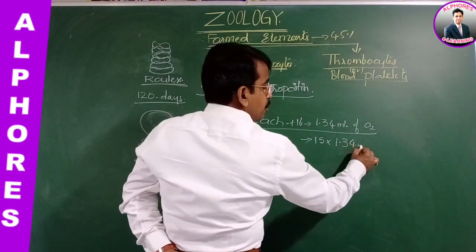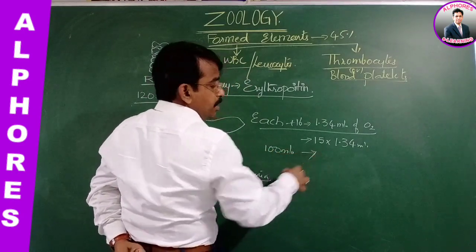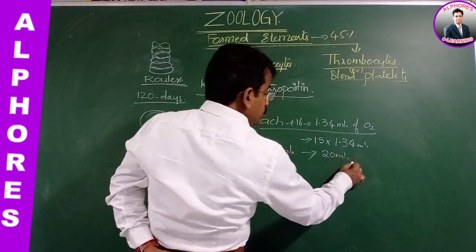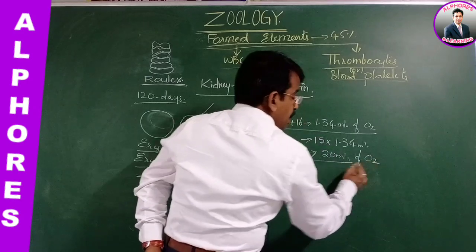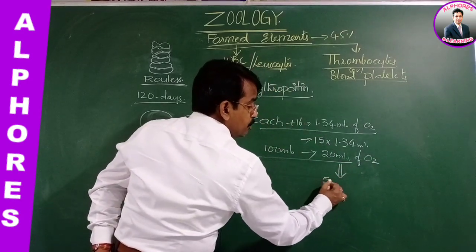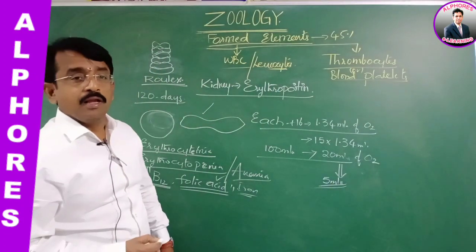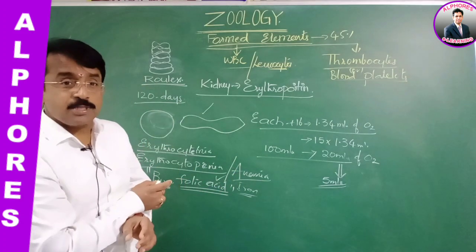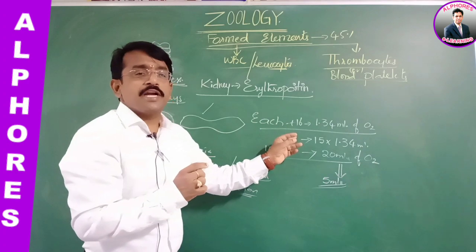So 100 ml of oxygenated blood will carry approximately 20 ml of oxygen, and of this 20 ml of oxygen, 5 ml is delivered to the tissues. That's what the blood is carrying, the gases. Okay, that's what hemoglobin is, a respiratory pigment.